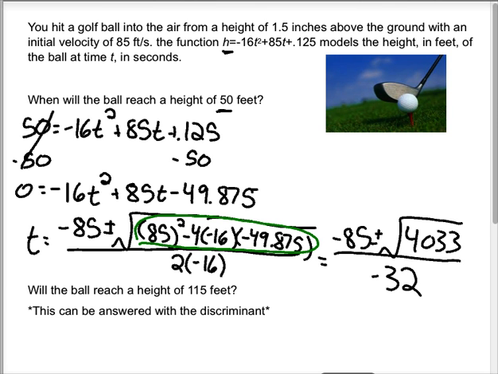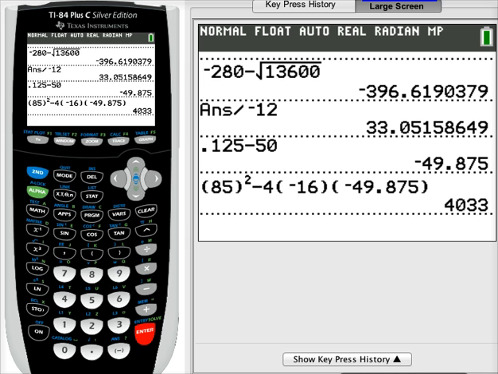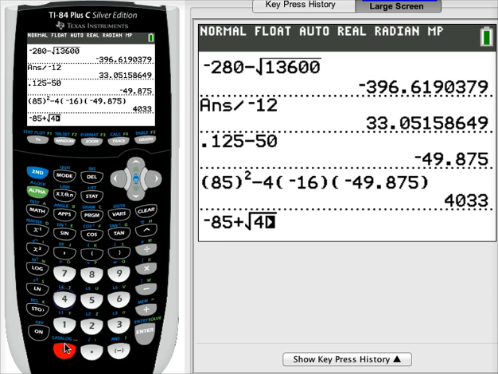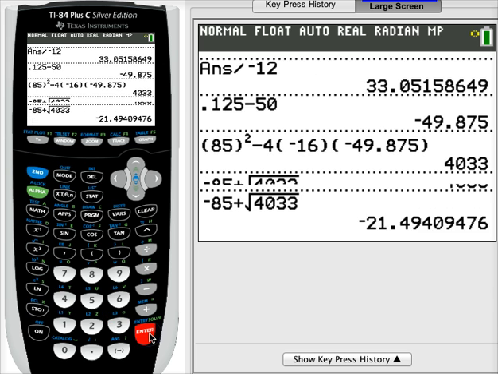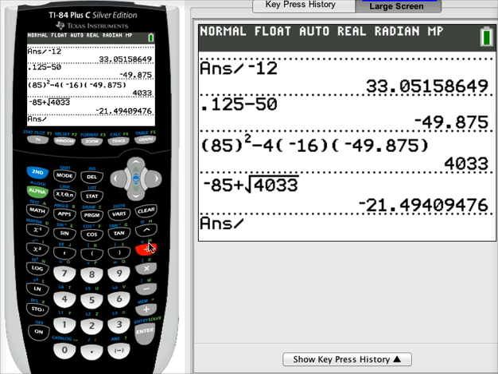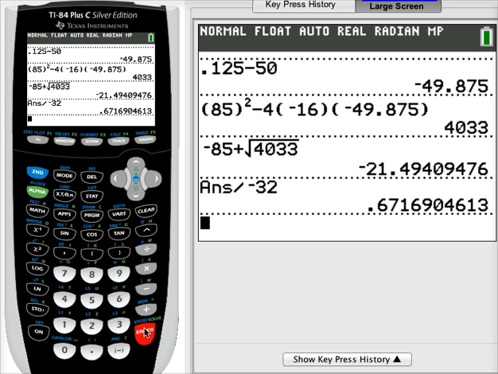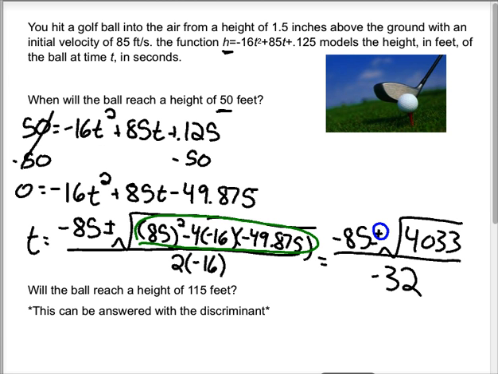So now let's type that into the calculator. We have our plus version, negative 85 plus square root of 4,033 divided by negative 32. So 0.67 seconds. Then we have to do our minus version as well.